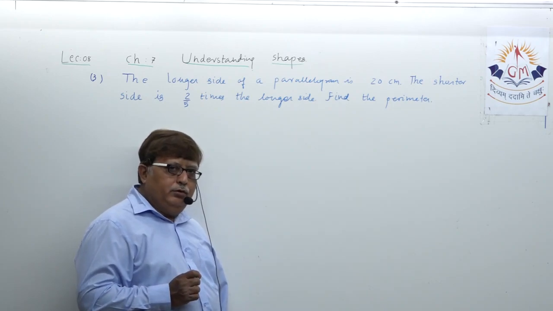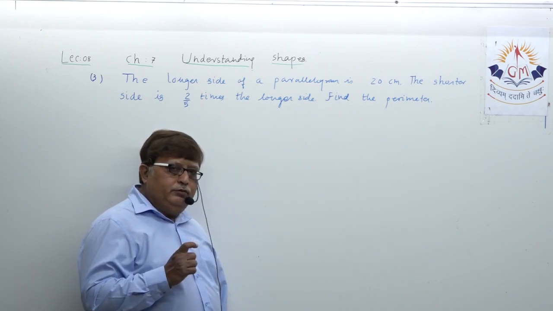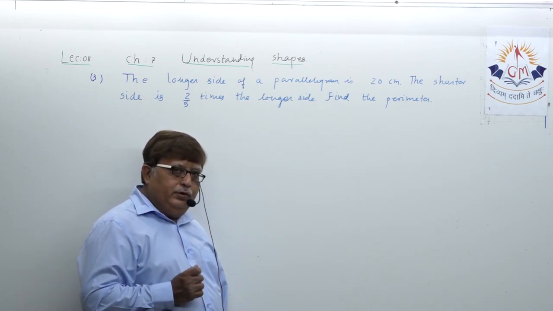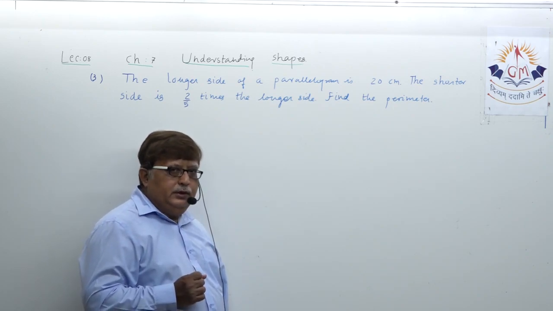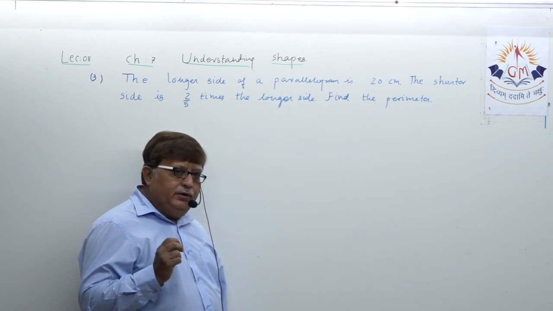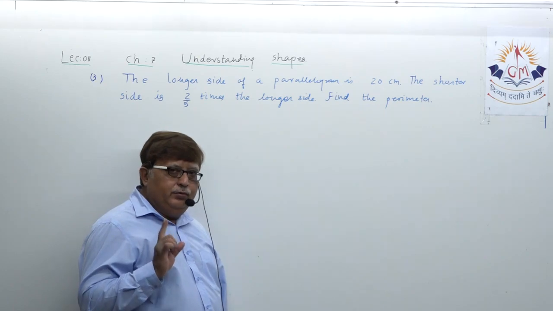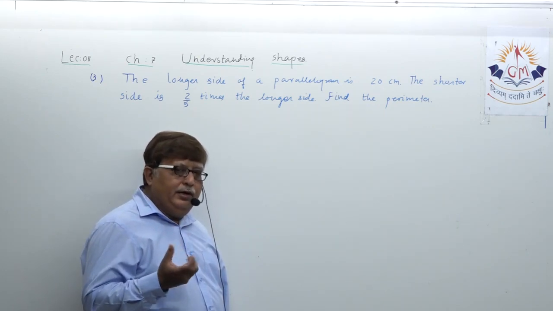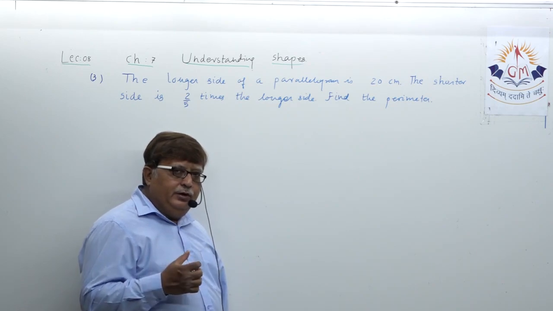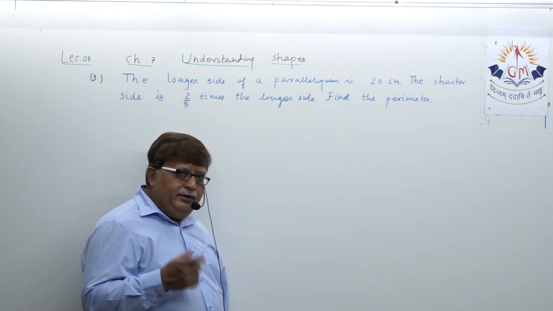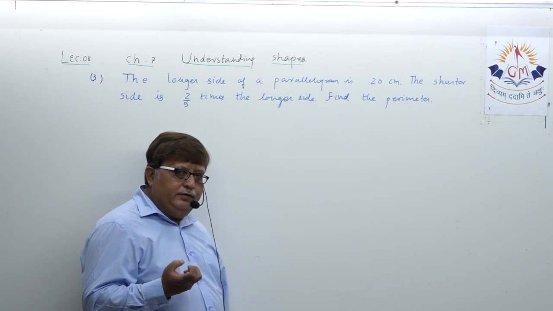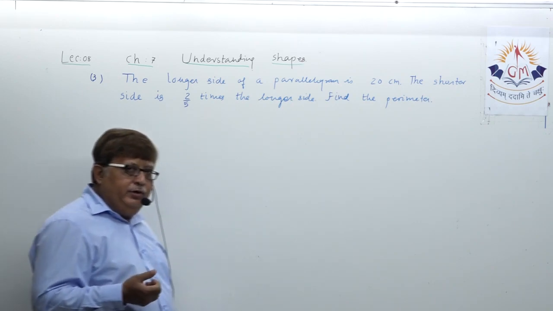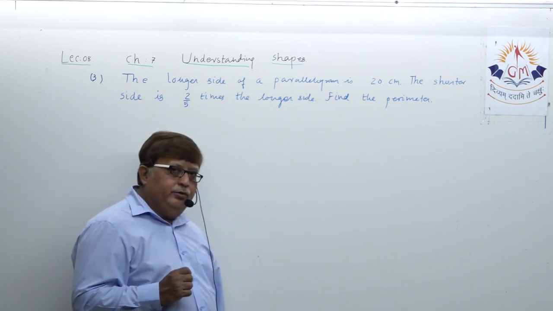We will solve one such example here, and one such I will immediately give you as an SLP, so that you feel like you are sitting in a live classroom and trying to conceptualize the sum which has been explained to you.